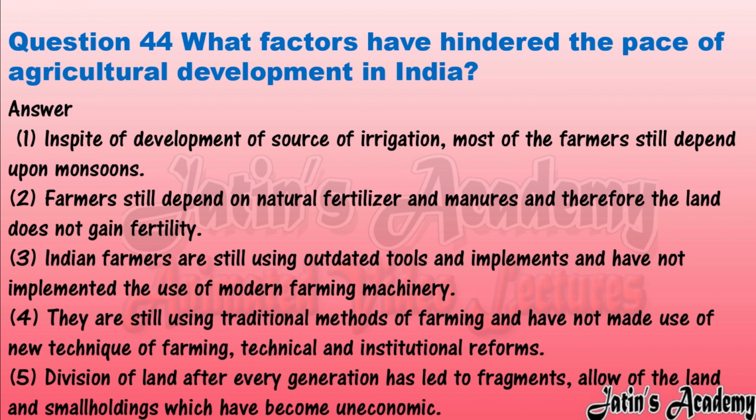Indian farmers are still using outdated tools and implements and have not implemented the use of modern farming machinery. 4. They are still using traditional methods of farming and have not made use of new techniques of farming, technical and institutional reforms. 5. Division of land after every generation has led to fragmentation of the land and small holdings which have become uneconomic.